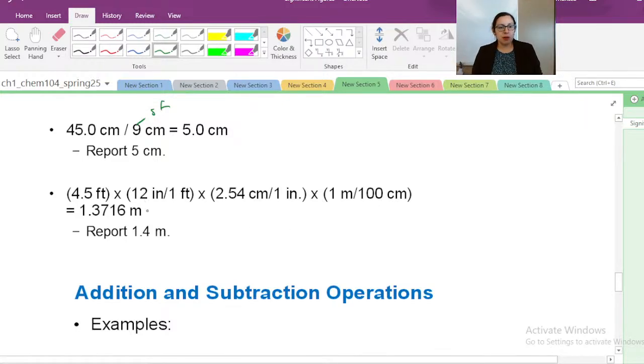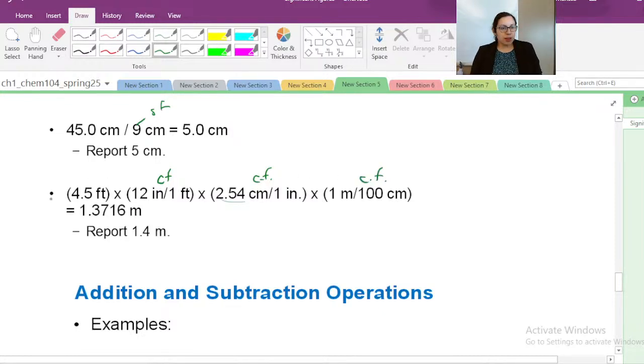We could also say, what are these? What do these look like to y'all? Yeah, conversion factors. So this is just conversion factor, conversion factor, conversion factor.